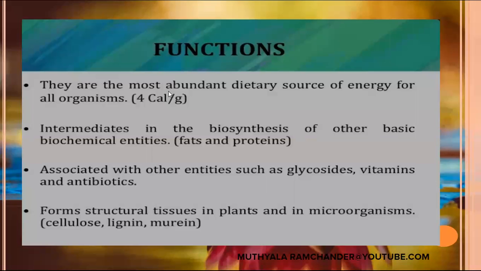Now we discuss the functions of carbohydrates. They are the most abundant dietary source of energy for all organisms. They give 4 calories of energy per 1 gram of carbohydrate. They are intermediates in the biosynthesis of other basic biochemical entities such as fats and proteins.